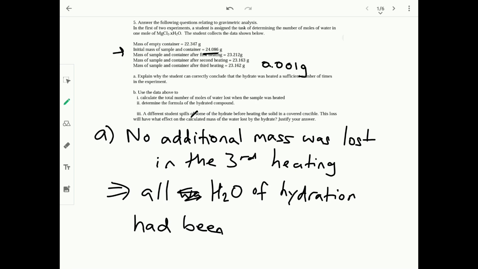That's nothing. So basically no additional mass was lost during the third heating. That's why you can say all water of hydration had been driven off or evaporated. And that's part A.